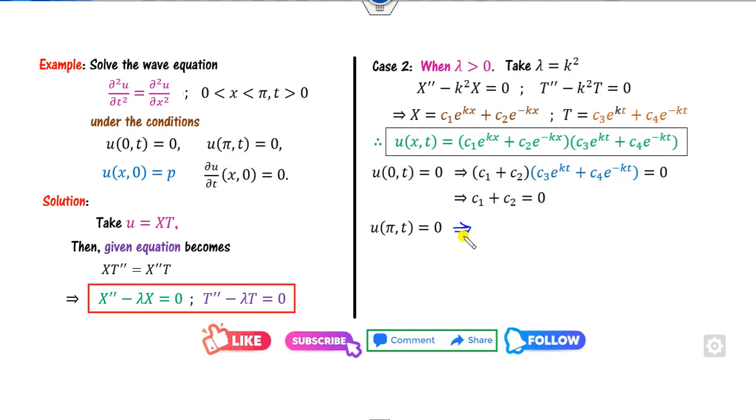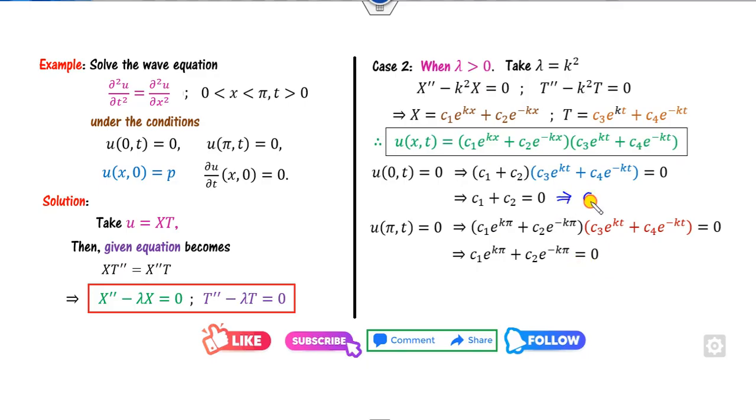Now look at this expression. That means x is equal to pi. So if I substitute x is pi, C1 e raised to power k pi plus C2 e raised to power minus k pi, into C3 e raised to power kt plus C4 e raised to power minus kt. Again, this number can never be 0 because otherwise u will be 0. This implies C1 e raised to power k pi plus C2 e raised to power minus k pi is 0.